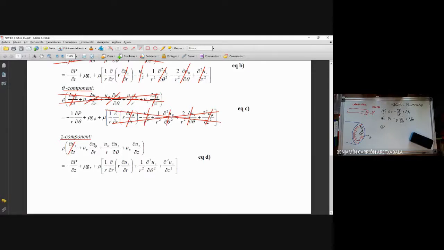I'm sorry, I made a mistake. There's not going to be acceleration. So let's go one by one. This guy is 0. The derivative of u z with respect to r is not 0 because it's going to change, but it's multiplied by u r. So this term is 0 too.